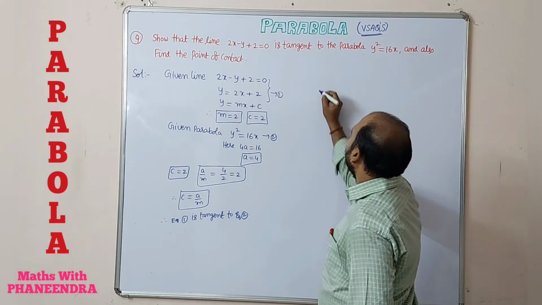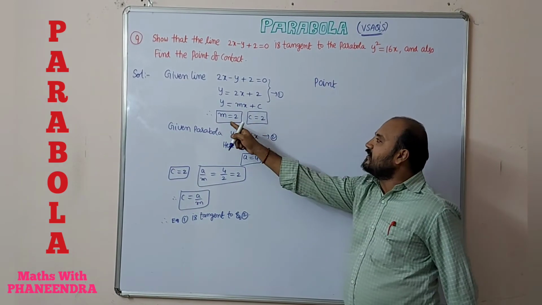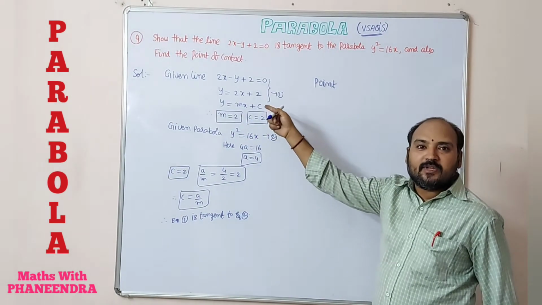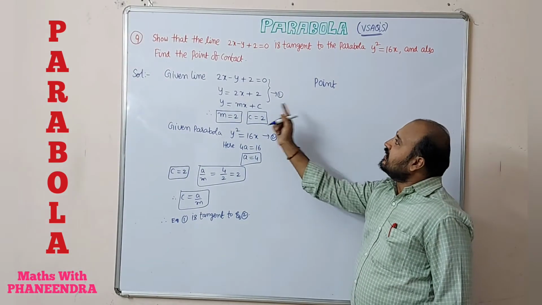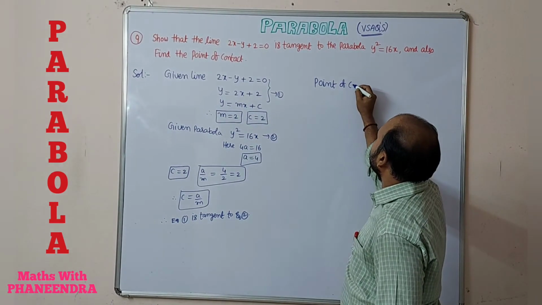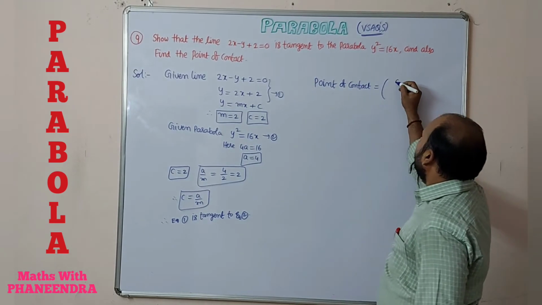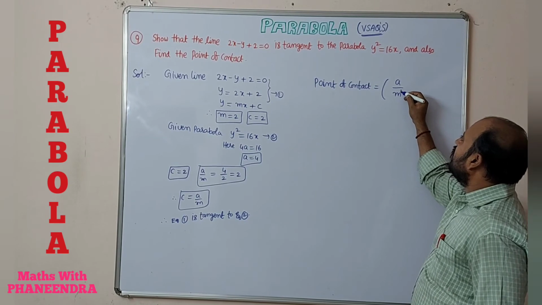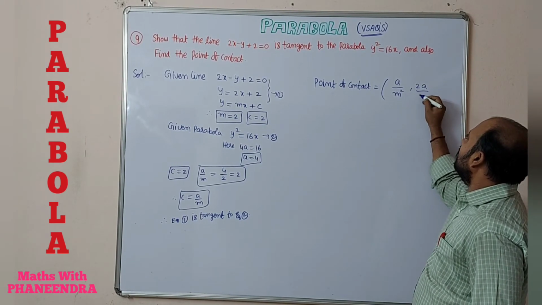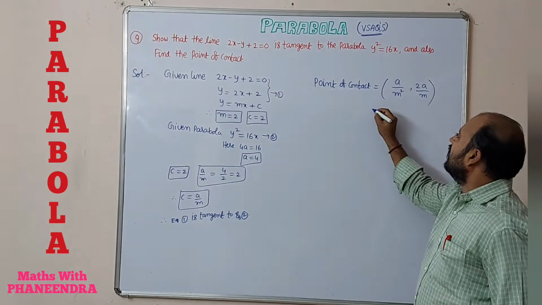Next, point of contact. The line y is equal to mx plus c, that means mx plus a by m, touches the parabola y square is equal to 4x. Point of contact is a by m square comma 2a by m. This is the important formula. So a value we know that, m value we know that, no?